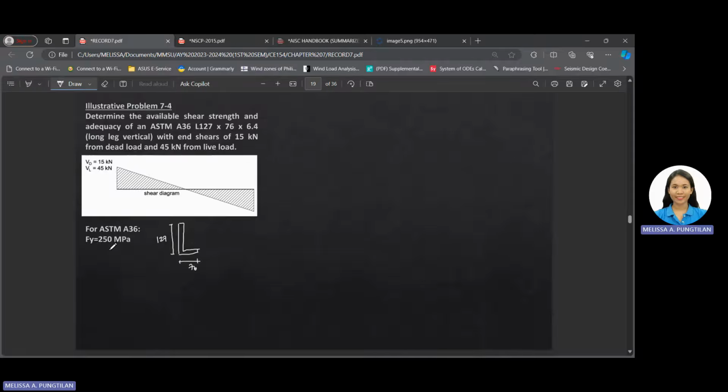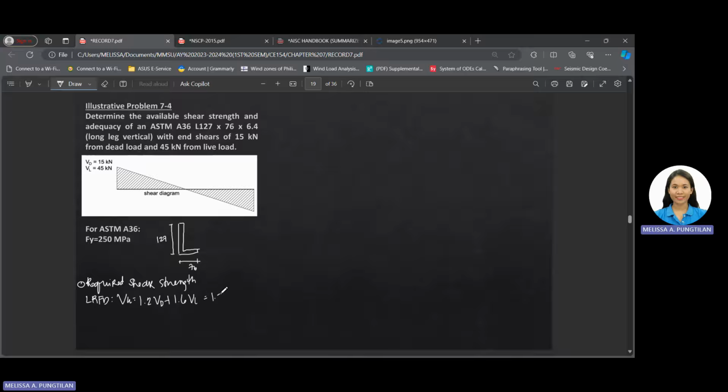So ang gagawin lang natin dito is to identify the required shear strength by the given loading. Okay, required shear strength. So we have for LRFD, VU, ultimate. So we have 1.2 of dead load plus 1.6 of the live load.